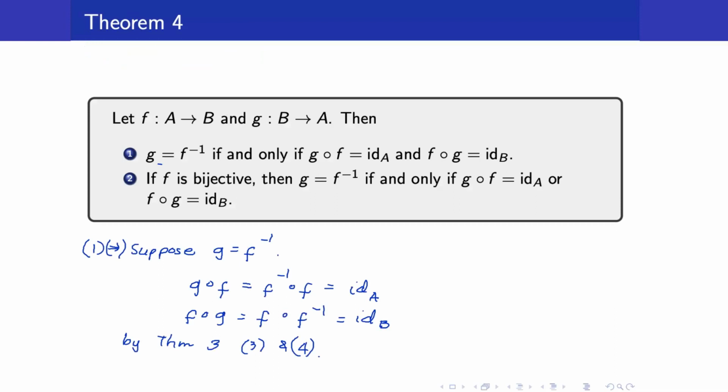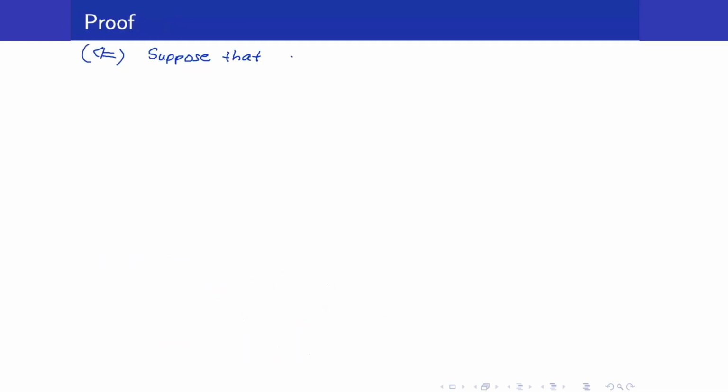For the other direction, we are supposing that G circle F is the identity function on A, and F circle G is equal to the identity function on B. We want to show that G is equal to F inverse.